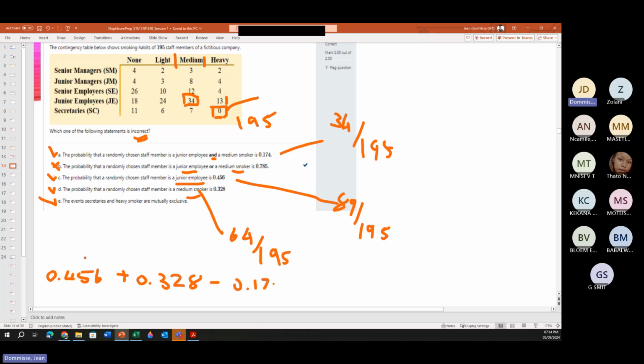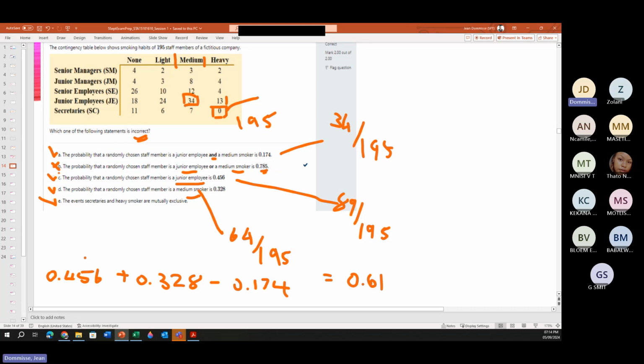So that will give us the or: 0.456 plus 0.328 minus 0.174 gives us the or, which is 0.61. They say it's 0.785. That is why option B is the wrong one.